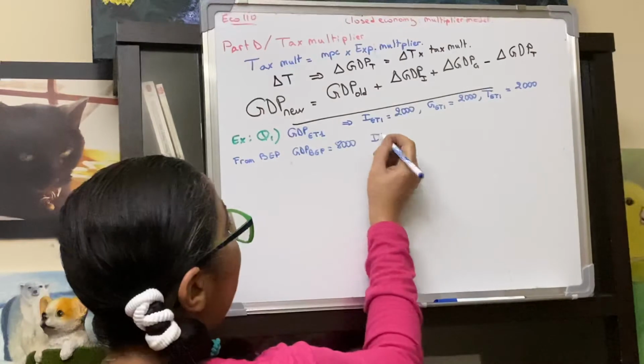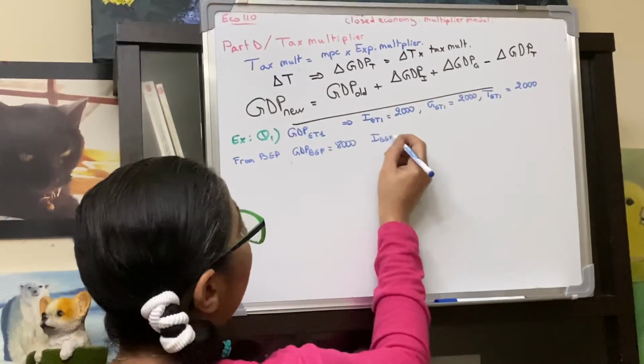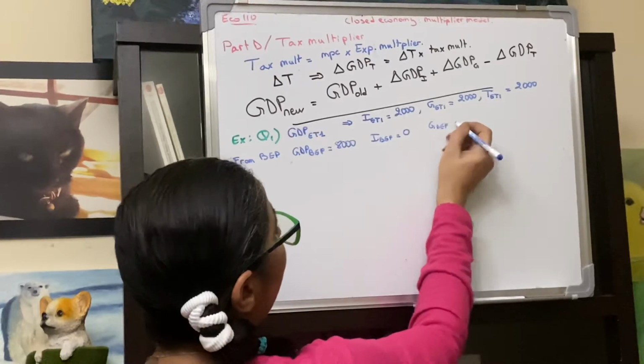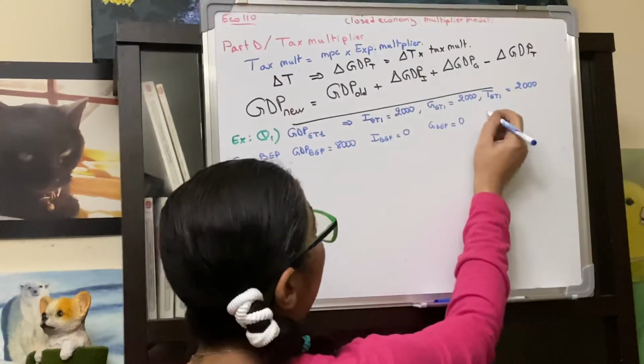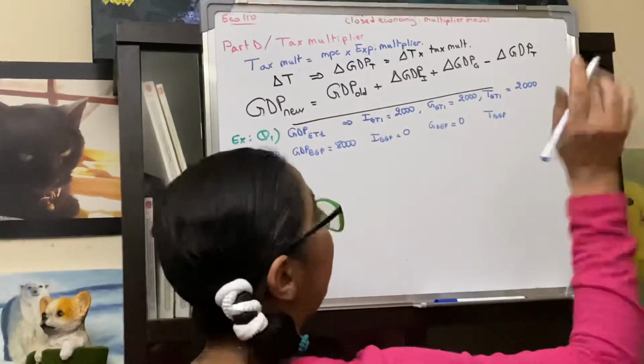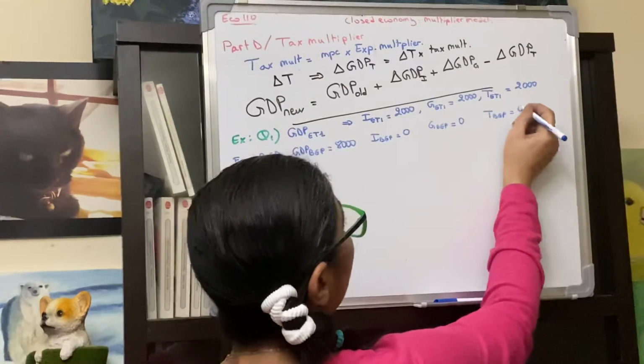The I at BEP is 0. The G at BEP was 0, and the tax at BEP was 0 because we already gave it. So we paid it.